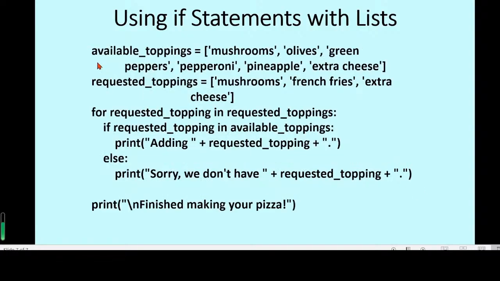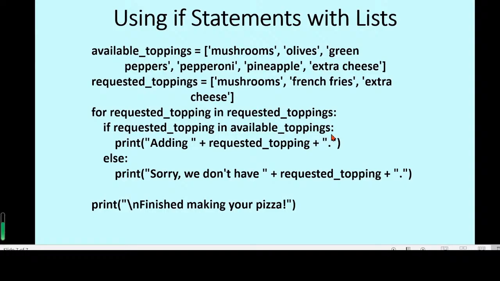So the code will look like this. Available toppings is a list created here, and request toppings is another list, created for the requested toppings from the customer. Then we will write a for loop. For each request topping in request toppings, we will check if this request topping is in the available toppings list.